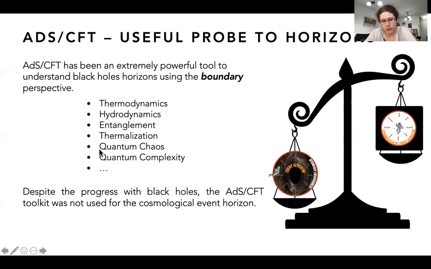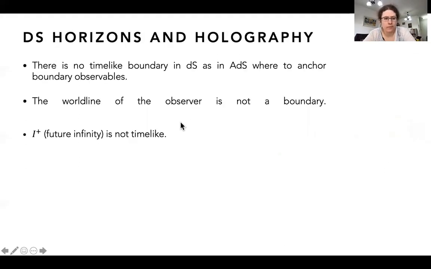But despite the progress with black holes, the AdS/CFT toolkit was not extensively used for the cosmological event horizon. And you may ask why? There were a few proposals, but all have some disadvantages, which I will explain now. So why is it so difficult to do holography for De Sitter?